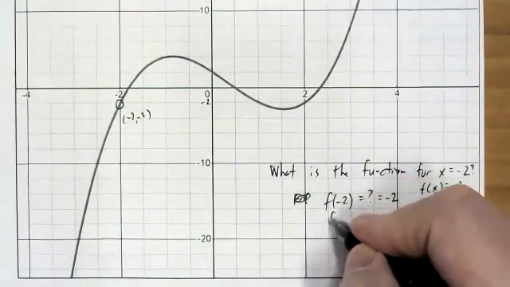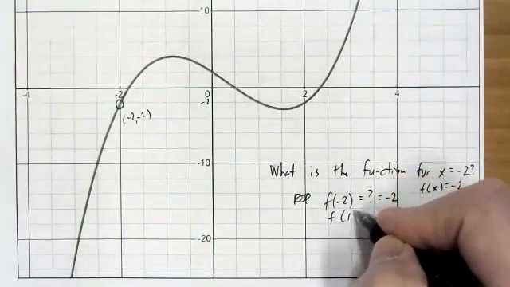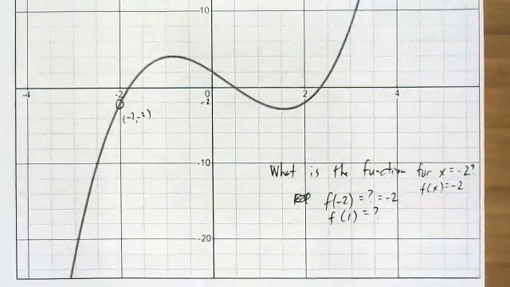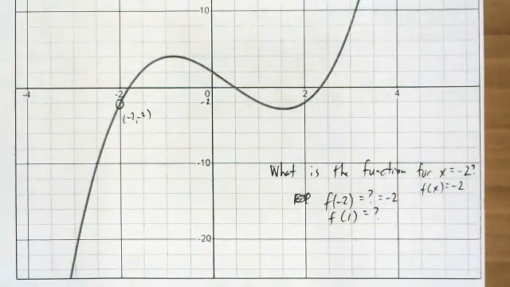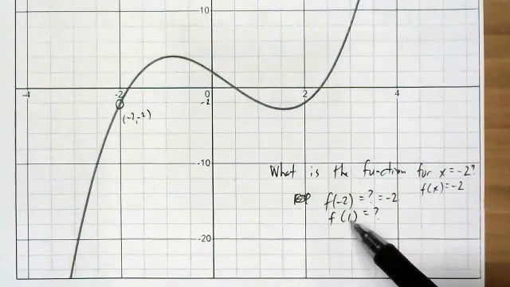How about f of 1 equals what? This one here is defining what x is. So that's like your pointer.